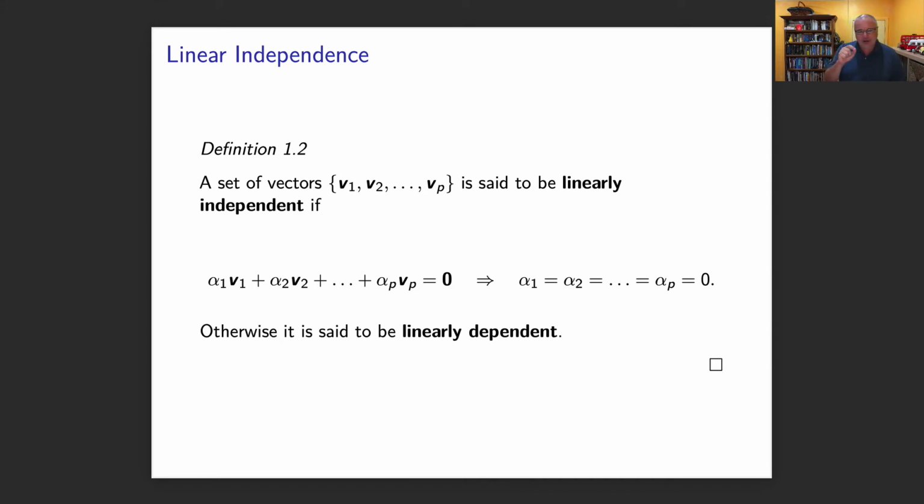If they are linearly independent, that can only occur if all the alphas are equal to 0. So what we're saying is, I can't find some non-zero constants I can multiply these vectors by and get the answer 0. If these vectors are not linearly independent, we call them linearly dependent.